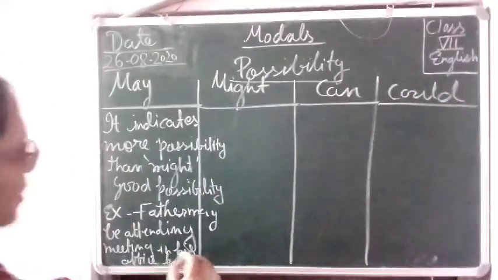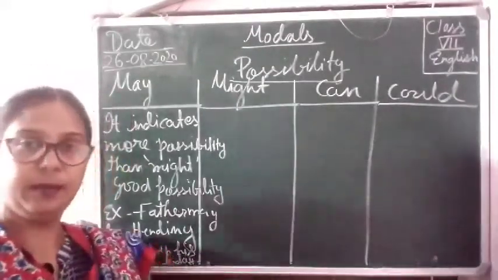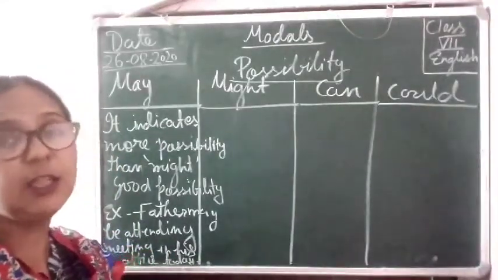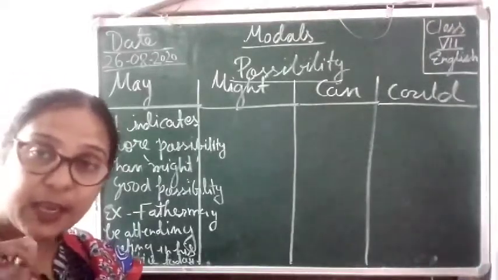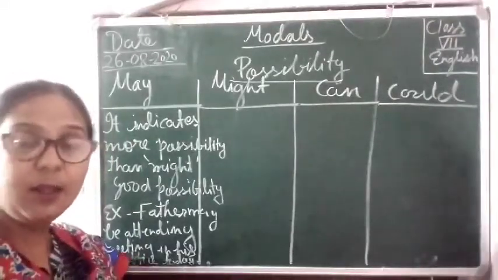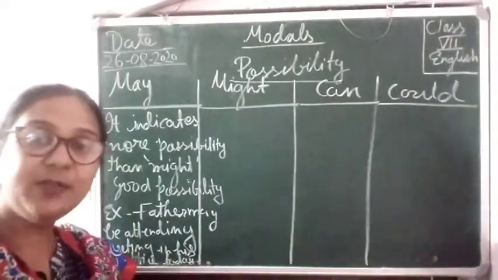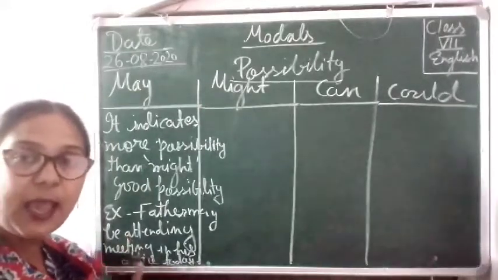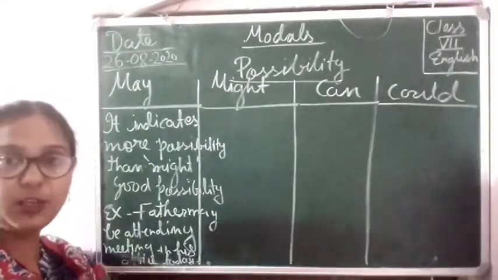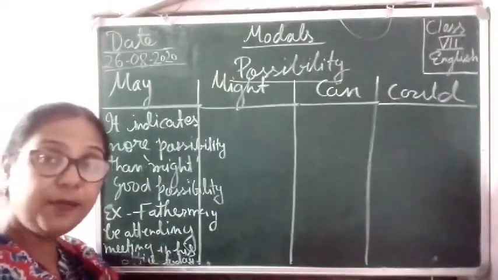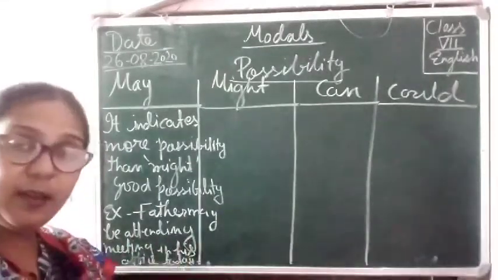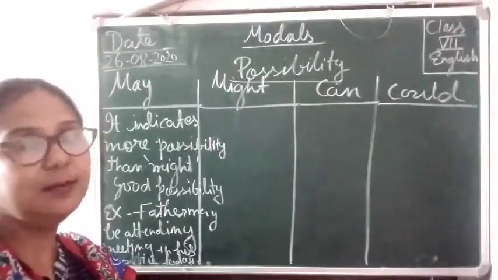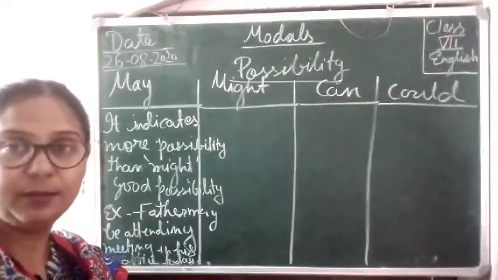So here the possibility is there that father may be attending the meeting in the office today. There is a possibility, but we are not sure about it. That is why we have used may here, because it has a possibility, but we are not very sure. Maybe father is attending the meeting in the office today. There is a possibility, but not very sure about it.